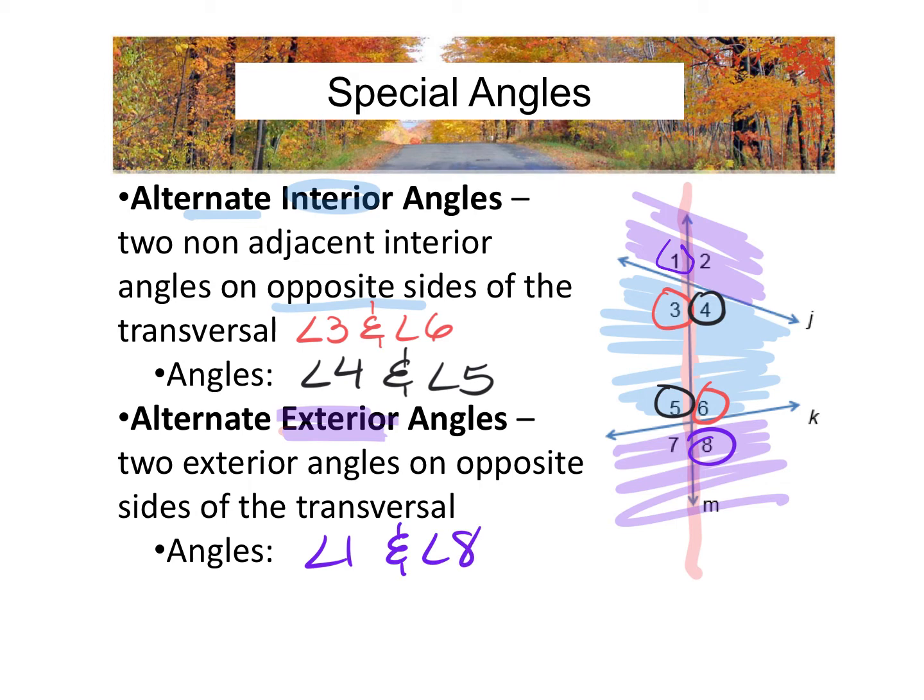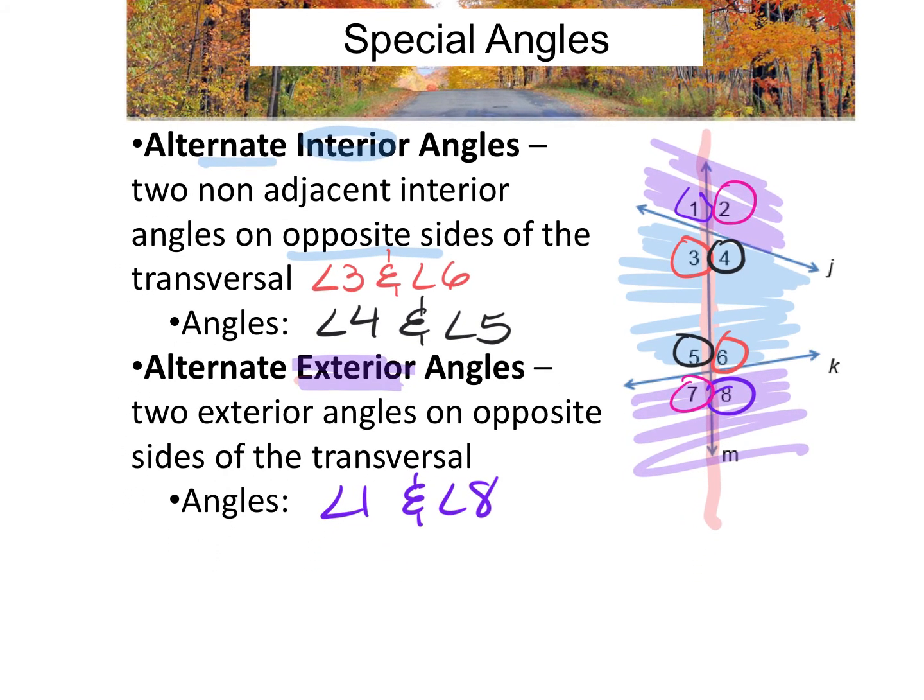And then I can also say that 2 and 7 are alternate exterior. They're on opposite sides of the transversal, and they're in the exterior location, and they're non-adjacent. So these would be alternate exterior.